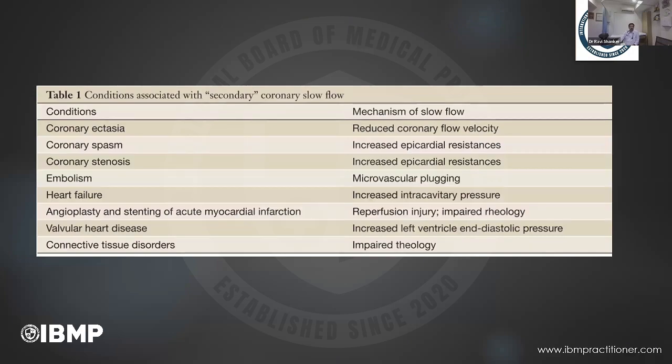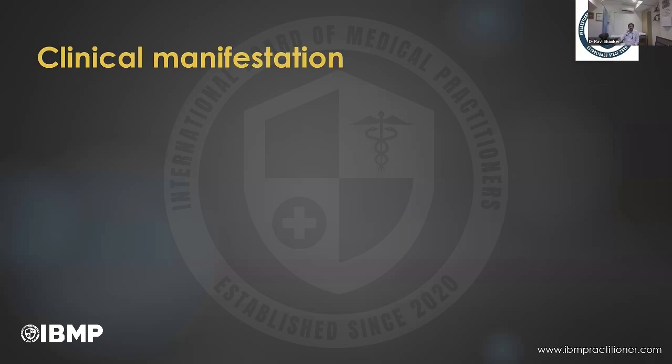Then secondary slow flow conditions, a few of which are where the coronary artery is abnormally dilated, like ectasia, coronary spasm, coronary stenosis, embolism, heart failure, LV dysfunction, angioplasty and stenting, valvular heart disease, and connective tissue disorder. These are the conditions associated with secondary coronary slow flow.